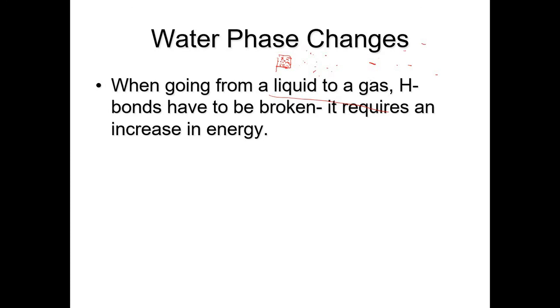That means it requires an increase in energy, because we need energy to break those H bonds, because the H bonding in water is significantly increased because of the network of H bonding. So that's why it requires an increase in energy when going from liquid to gas.